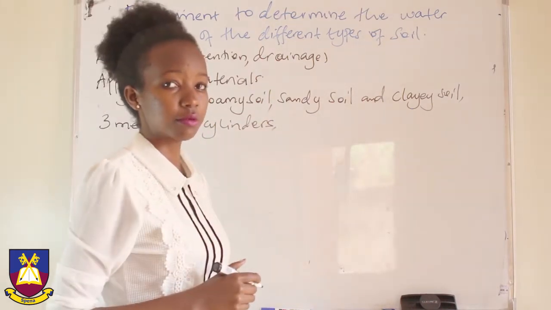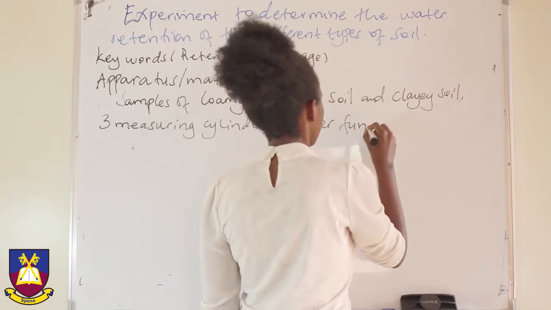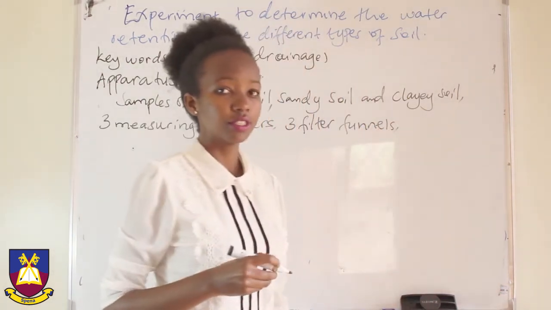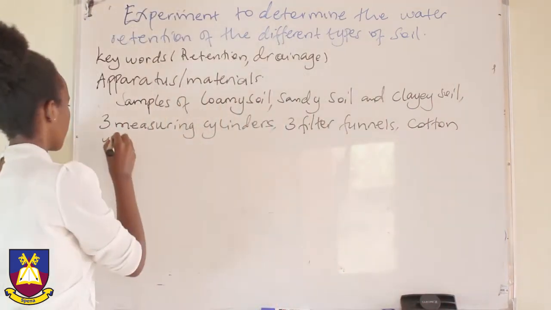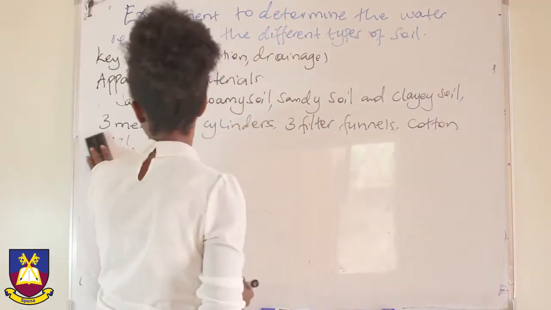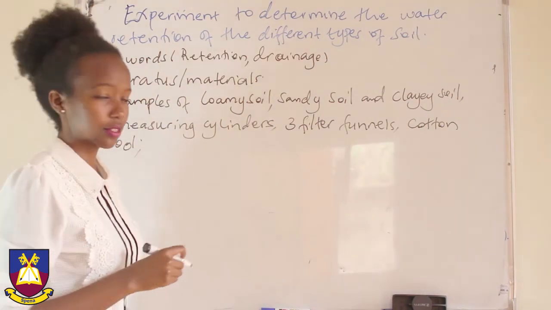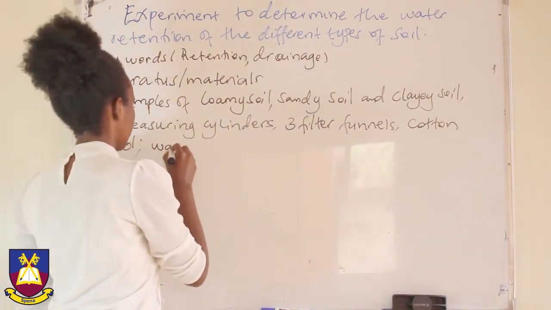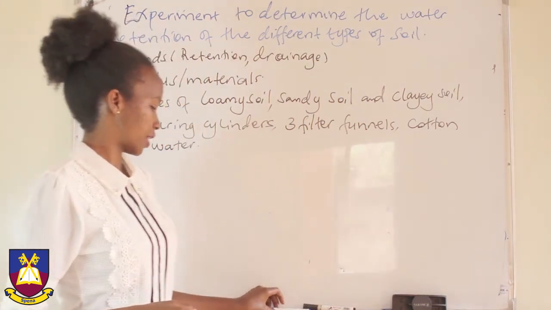We shall need 3 funnels. We shall need cotton wool. Definitely we shall need water. We shall arrange them according to this diagram.